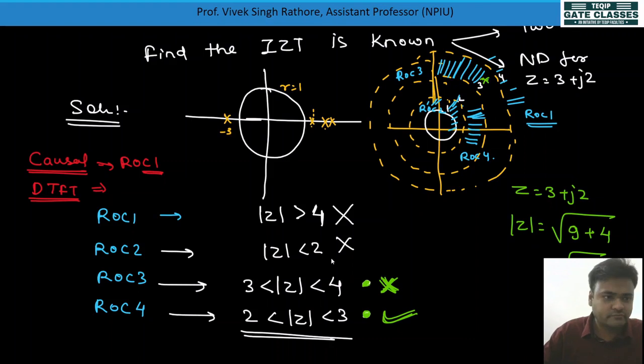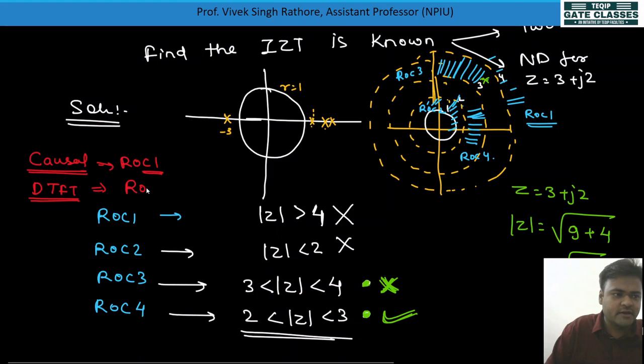The radius 1 circle should be included, and we need to see in which Z transform this value is included. So if you see mod Z less than 2, this condition will be satisfied in all the 4. So ROC number 2 will be taken.